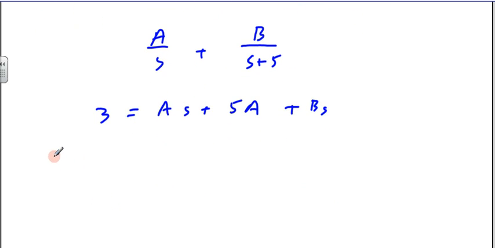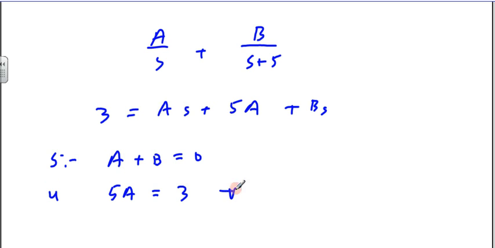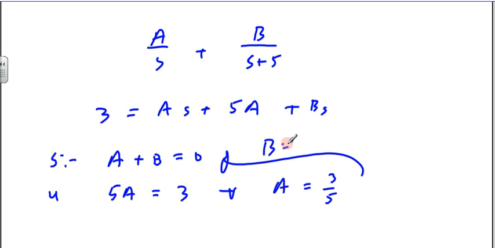And we look at the s term, and we see that a plus b has to be 0. And we look at the unit term, and we see 5a has to be 3, implying that a is 3/5, which we put into this guy here, and that implies b has to be minus 3/5.